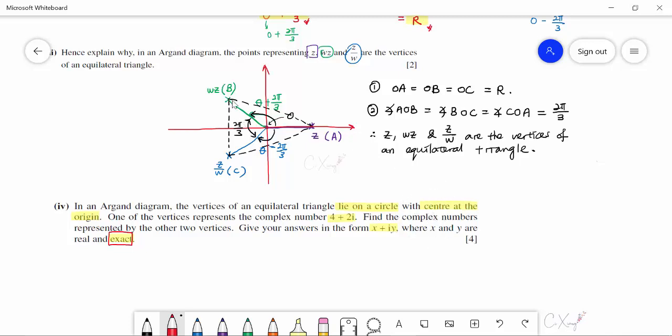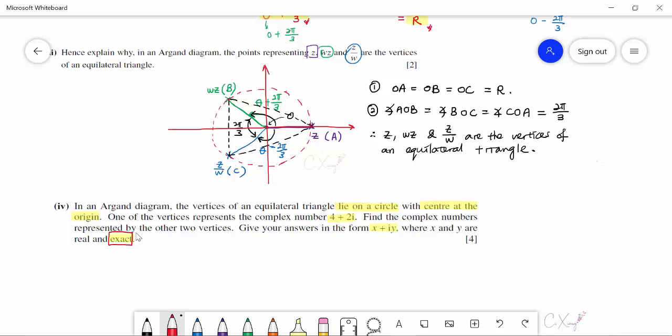So you can now imagine, from our part 3, all the 3 points lie on the circumference of a circle. It might look something like this. Because I'm not drawing according to the proper ratio, you can see that the circle is a bit weird, but generally it will look something like this.